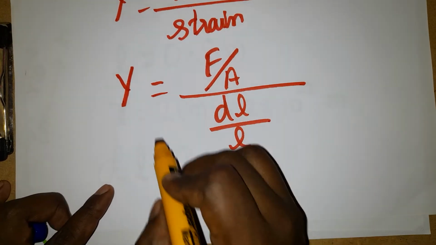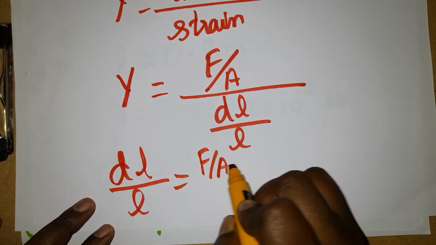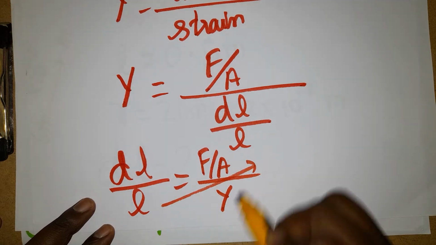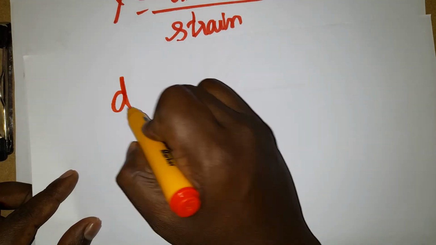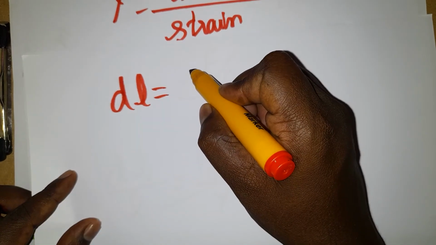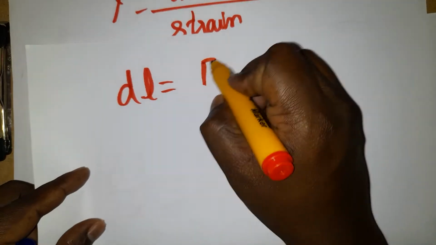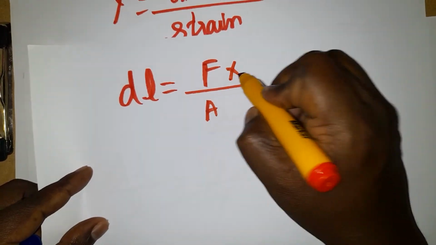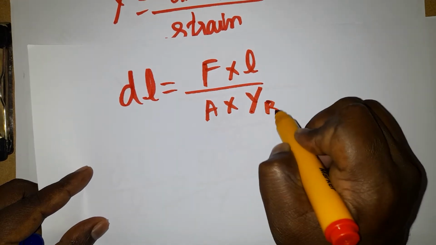With a little modification, dl by l is equal to f divided by a divided by Young's modulus. Taking l to the other side, the change in length is equal to force into original length divided by area into Young's modulus of the bone.